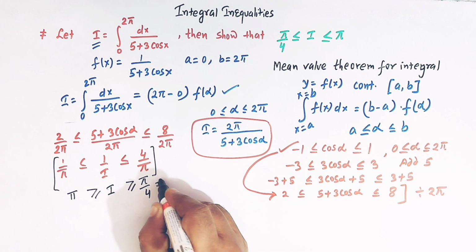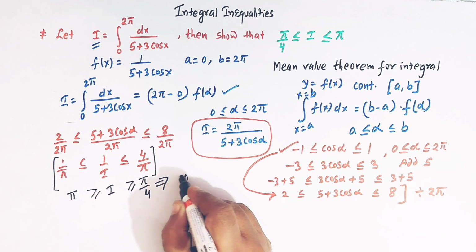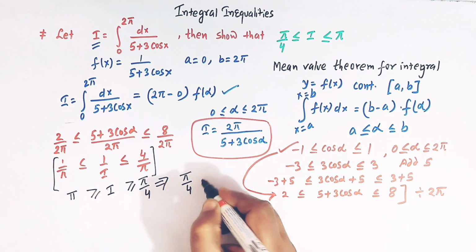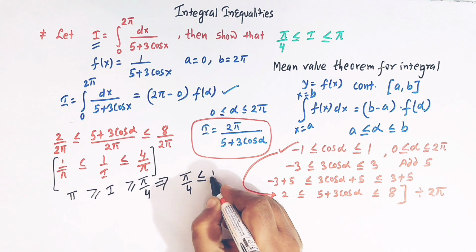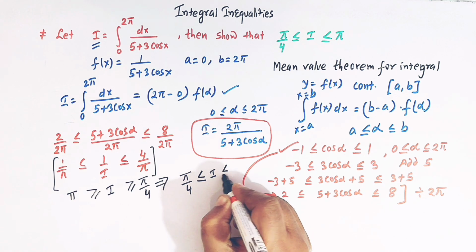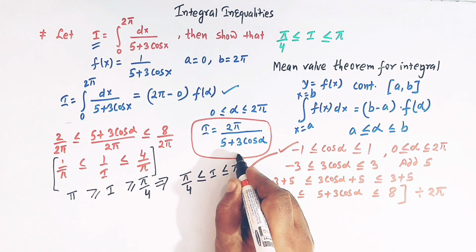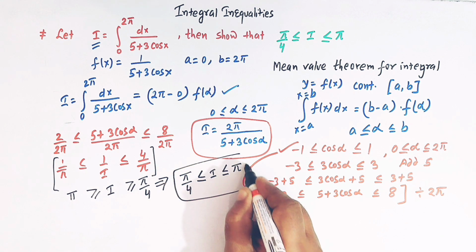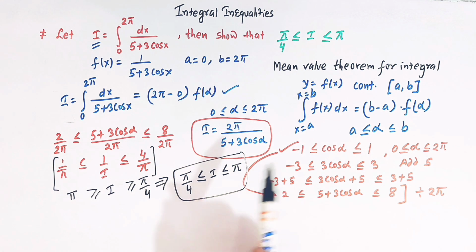So we can also write this inequality as pi by 4 is less than or equal to I, that is less than or equal to pi, right? So this is our desired inequality which is to be proved.